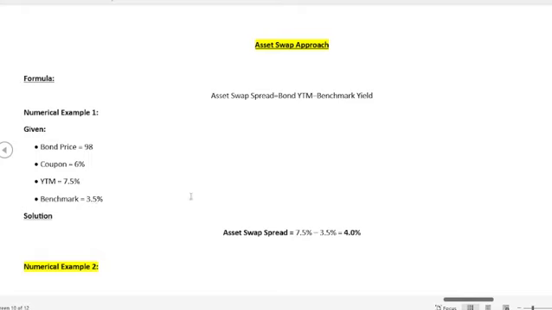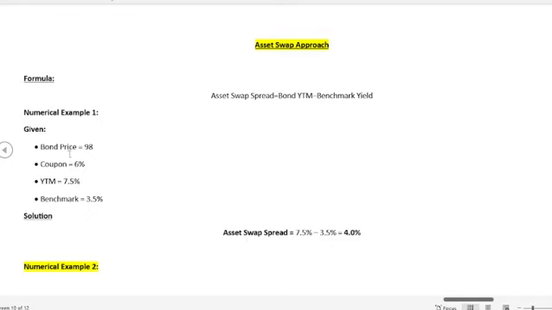Simply, we only have to subtract the benchmark yield from the bond yield to maturity. Here the YTM is 7.5 and the benchmark is 3.5, so you simply subtract these two values.